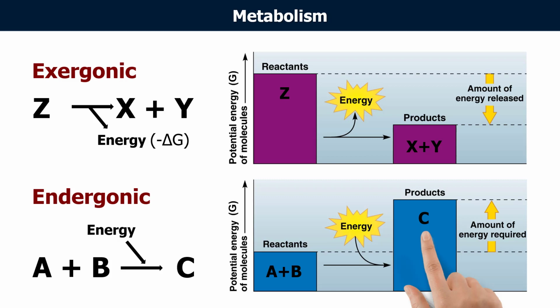So the G, the Gibbs free energy, is increasing. It's going up. It's going from the value that it had with A and B up to the value that it has with C. So the change is positive. It's an increase in free energy. So when you see a negative delta G, that tells you energy is being released. When you see a positive delta G, that tells you that energy is being added or supplied or invested into the system.